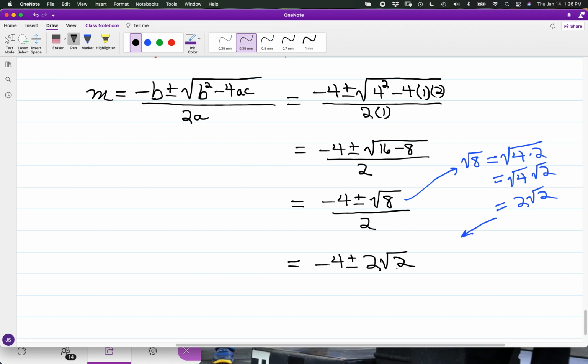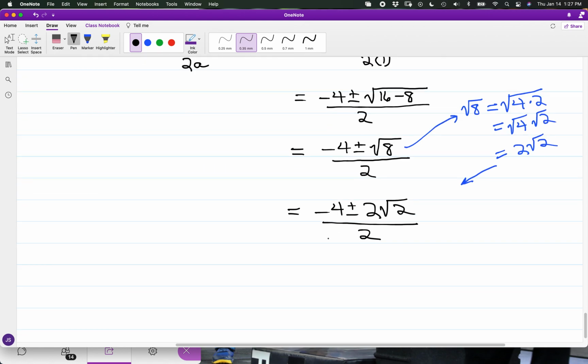So we have negative 4 plus or minus 2 times the square root of 2, all over 2. And again, I can split this up: negative 4 over 2 plus or minus 2 times the square root of 2 all over 2. Negative 4 halves is negative 2.